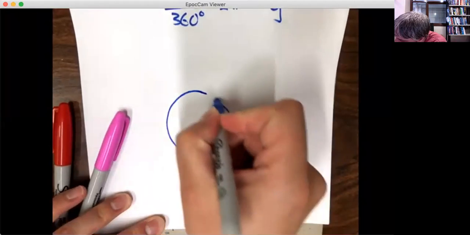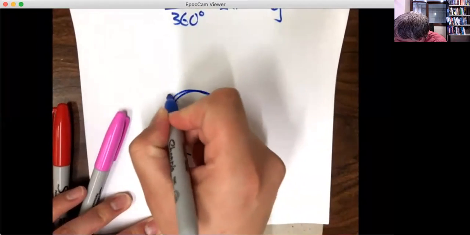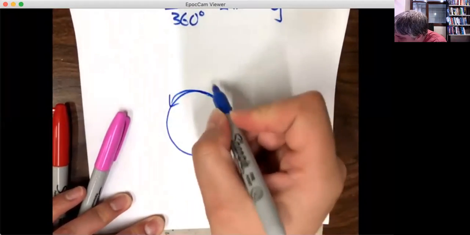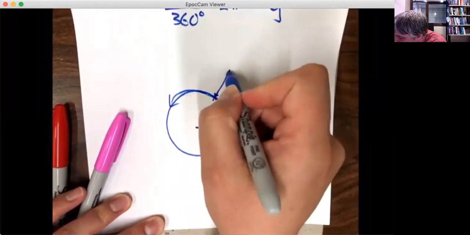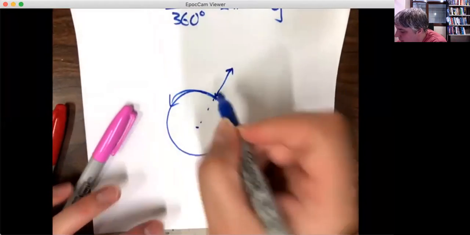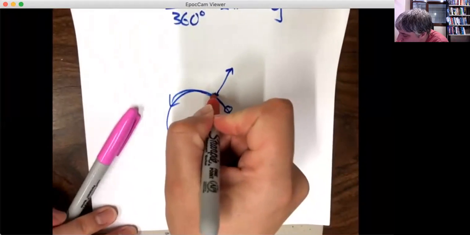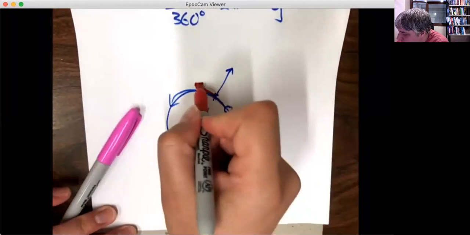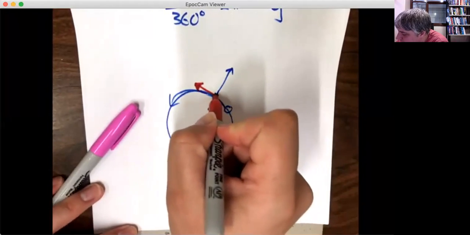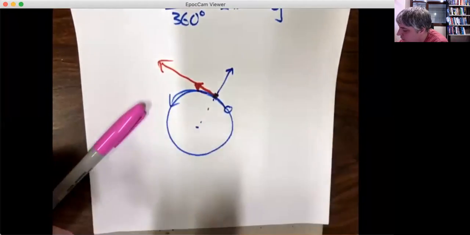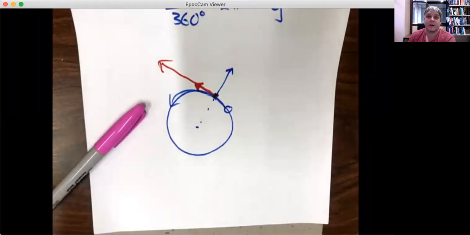If you've got an object traveling around the circle like this and you let it go here, a lot of people think it's just going to go away from the center. But as I just said, at this point the object has a velocity vector like that, tangential. So if you let it go here, it's going to travel that way, and just keep going in a straight line because there's no net force, there's no reason for that velocity vector to change.